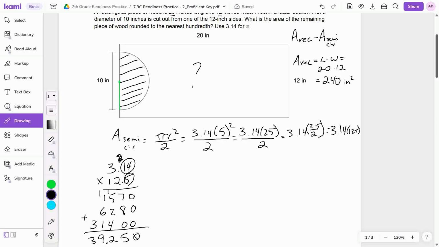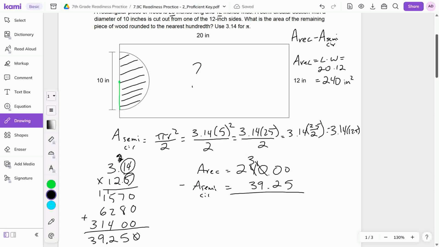Okay, so let's subtract the 2. My area of a rectangle, 240. I'm going to put some decimals, I'll need that, minus my area of a semicircle is 39.25. And then we just regroup. Take away a 10, leaving 3.